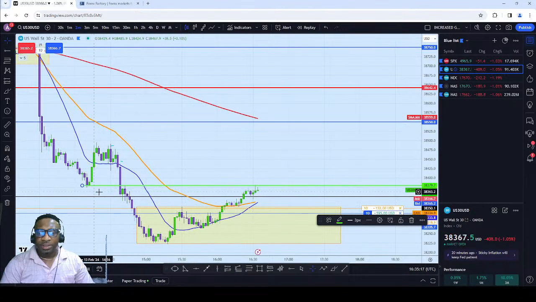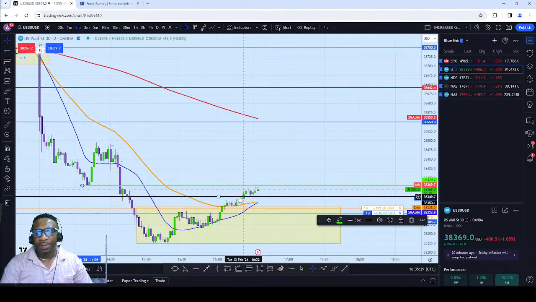So as I said, this area of support now acting as resistance is keeping price here. So if you are okay, you can take your profit here. You don't have to wait.